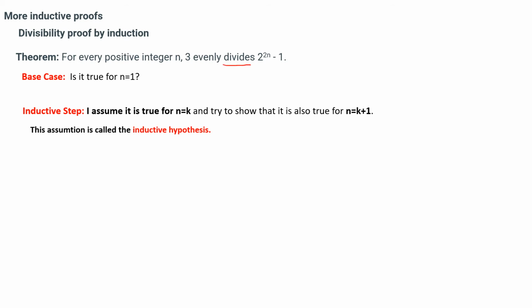That means that if we're going to say 3 divides this, then this means that we can write 2 to the 2n minus 1 as a multiple of whatever it divides. So it would be times 3.